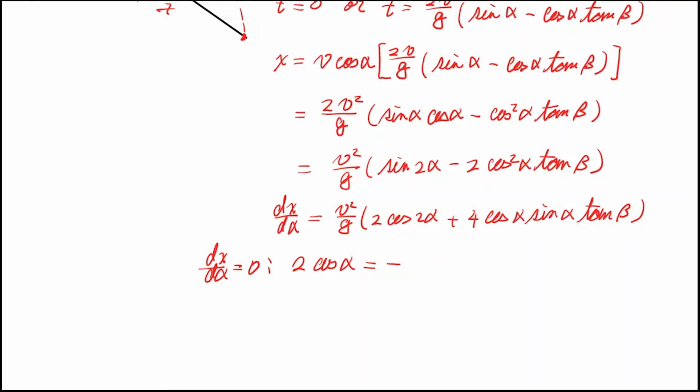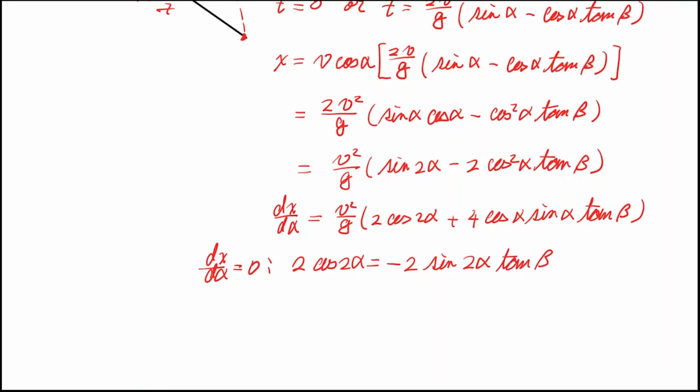So why don't I change that and make it 2, and then sine 2 alpha, tangent beta.